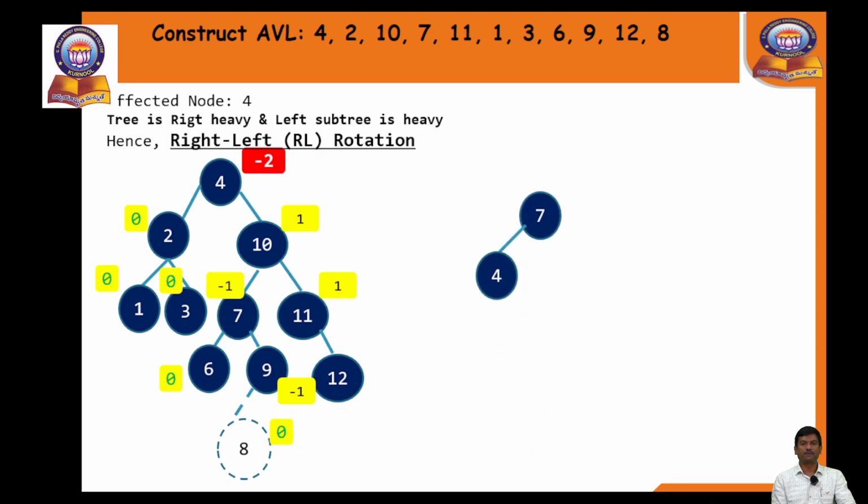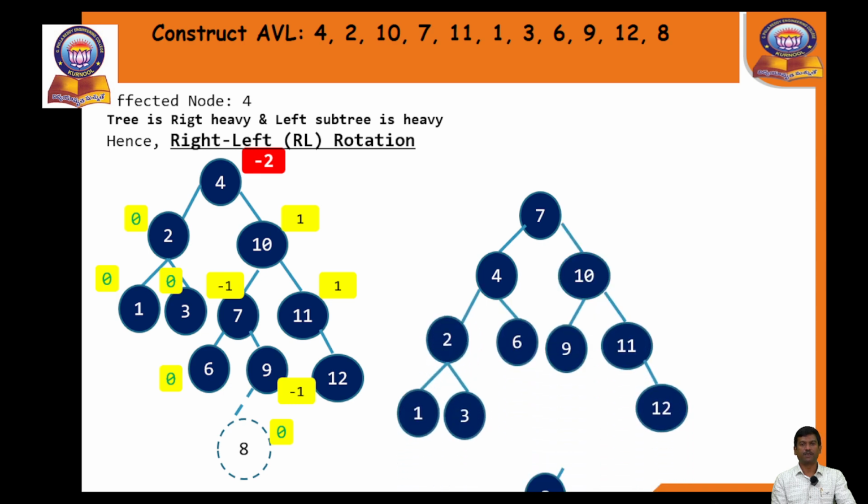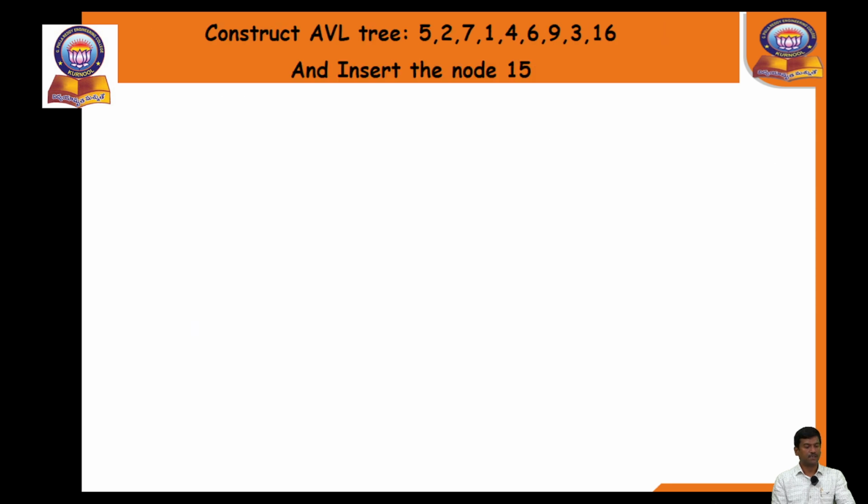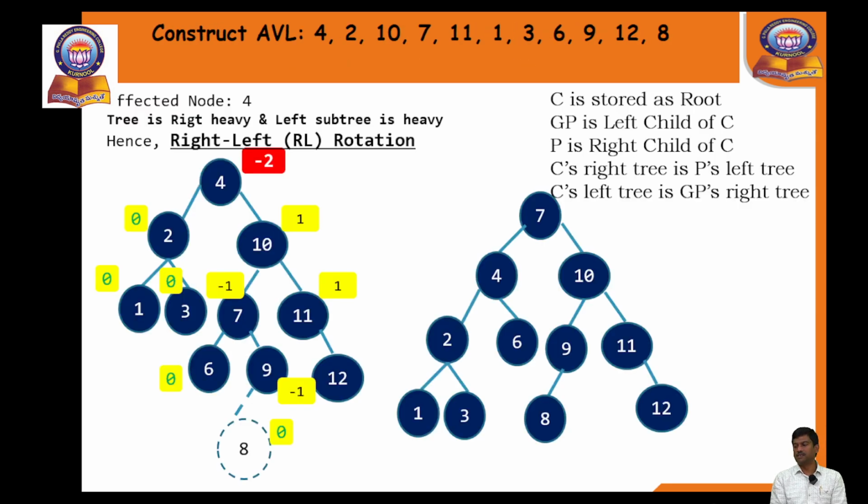So after rotation, as I mentioned, C becomes the root, that is 7 becomes the root, and perform the necessary changes as per the statements which are given. That is, GP is the left child of C, and P is the right child of C, as well as C's right tree is placed as P's left tree, and C's left tree is placed as GP's right tree.